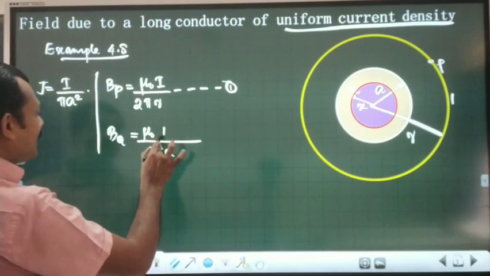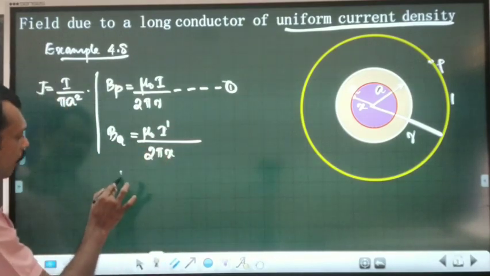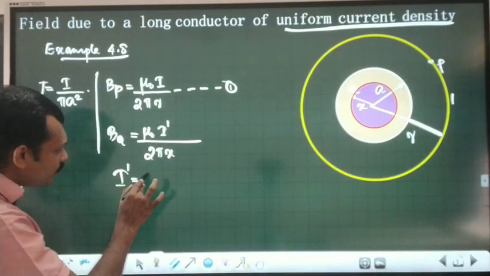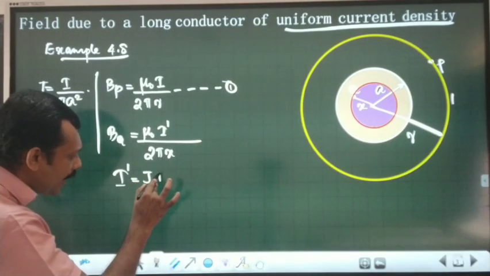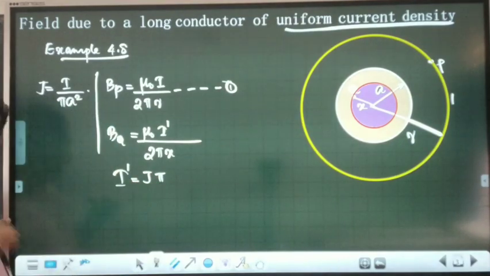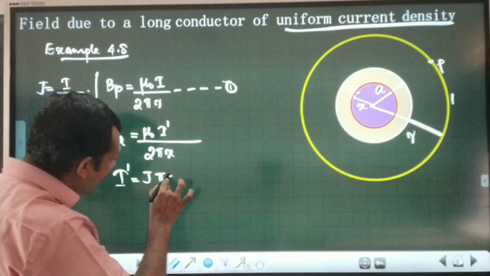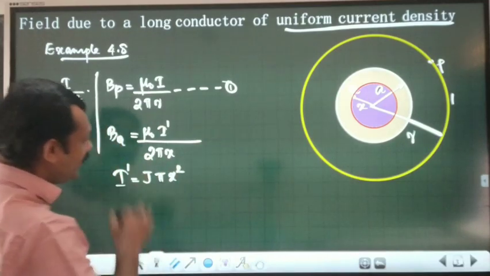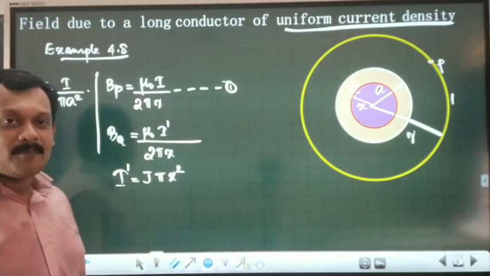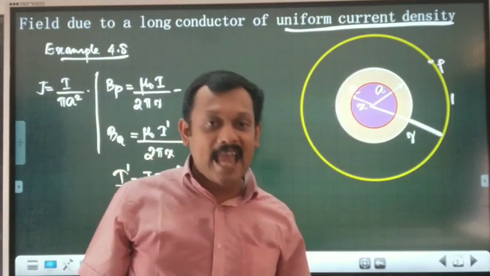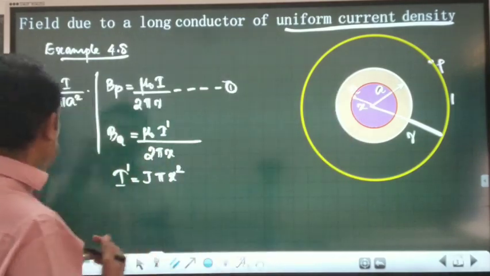So let me take that current as I dash. Now I dash is equal to current density J into area. Here area is pi x square, because the radius of the circle is x. What is J?